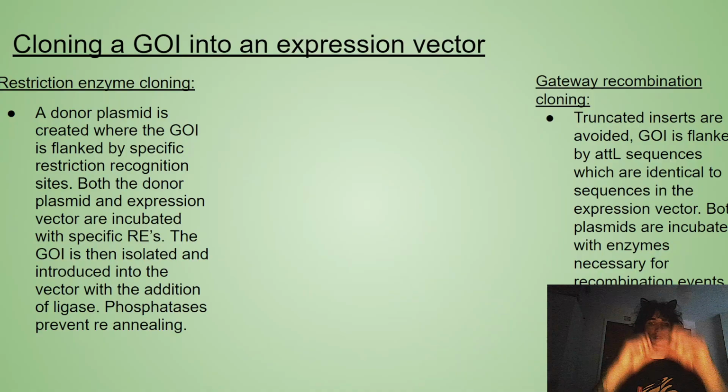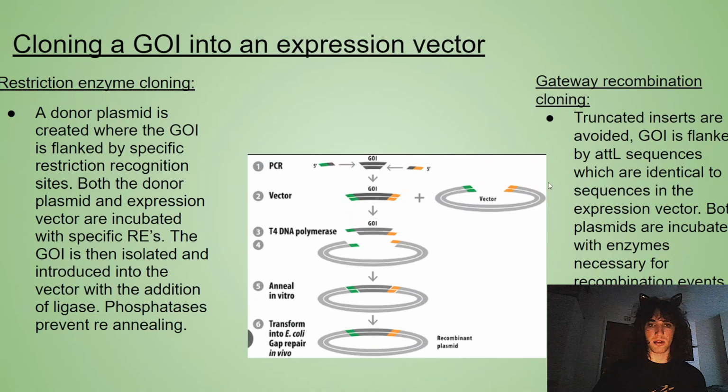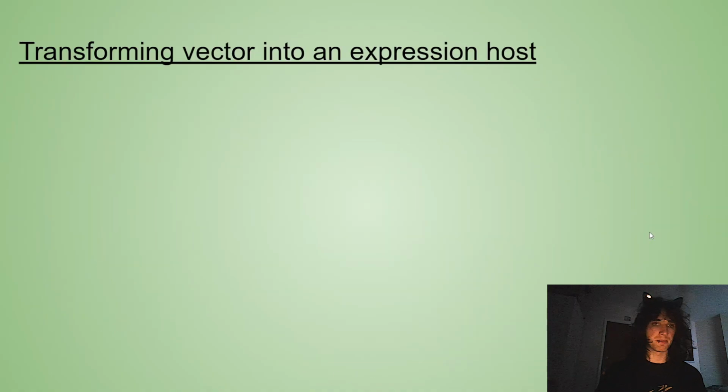So your gene of interest is inserted into the genome. And so both of these plasmids are incubated with enzymes necessary for the recombination events to occur. A clonase mix, and this is shown here, little boop, boop, boop. It's like Legos, basically, DNA. There we go, recombinant plasmid, wow.